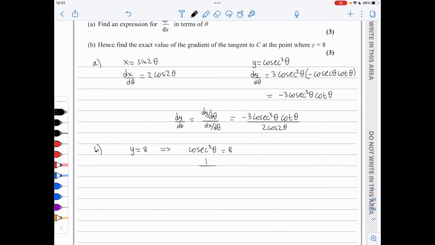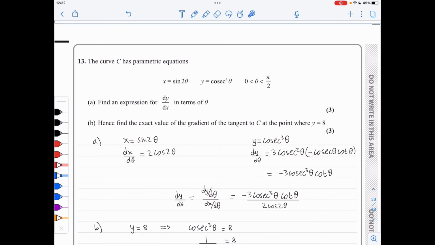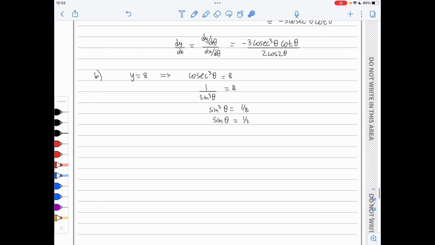So 1 over sin^3 θ is 8, which means sin^3 θ is 1/8, and therefore sin θ is a half. Now we have that θ varies between 0 and π/2. It's an acute angle. We know that the angle which has its sine being a half is π/6. So this simply means that θ is π/6.